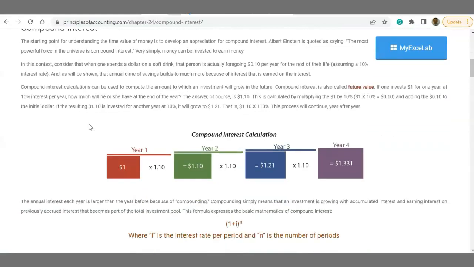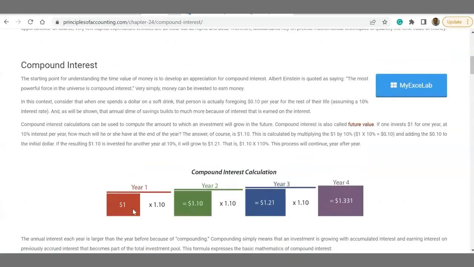Compound interest means you get interest on the interest earned. And that's a very good way to save, like in a savings account with compounding interest, because you not only earn interest on your original dollar on day one, but at the end of year one you now have $10 and you earn more interest on $10.